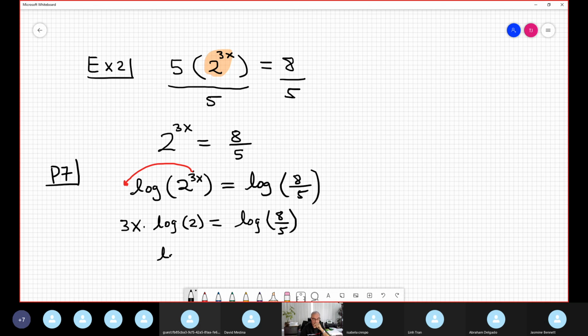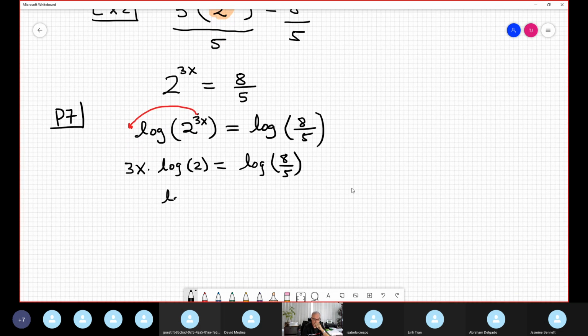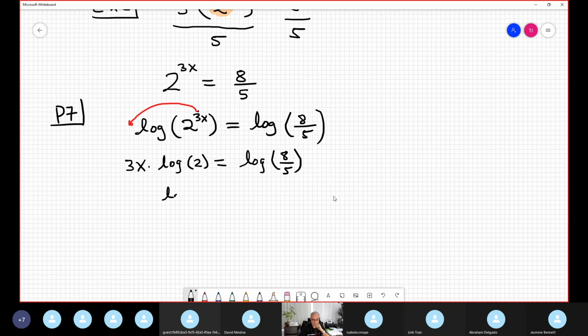My goal is to solve for x. Now you divide both sides by 3 log(2).